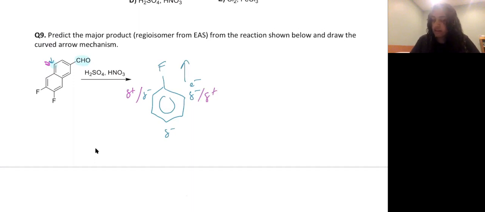That's going to cancel out. And then the ortho carbon is no longer activated. The most electron dense carbon left is para. And that effect is the most visible with fluorine because fluorine is the most electronegative. So knowing that fluorine is mostly para directing, let's look at that on this molecule. So this fluorine would direct here, this fluorine would direct there.